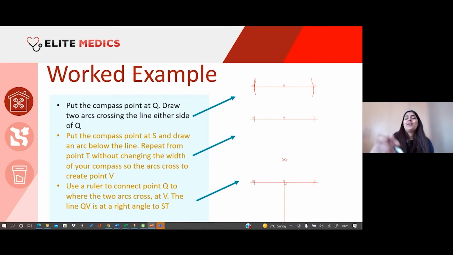Once we've done that, again, don't change the width of the compass. Put the sharp bit, your pointy bit, on here. Don't change the width of the compass and draw a nice arc below the circle. It's not really aligning with what's drawn already, but draw a nice long arc using the compass.